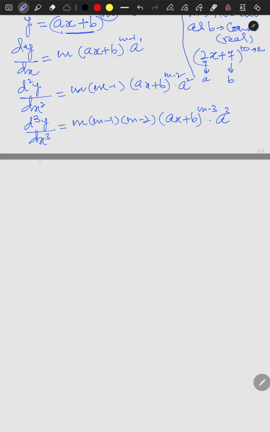So if you identify this pattern and if we continue, we can find the nth order derivative of this function y with respect to x. This should be m(m minus 1), and here we can move up to m minus n plus 1.